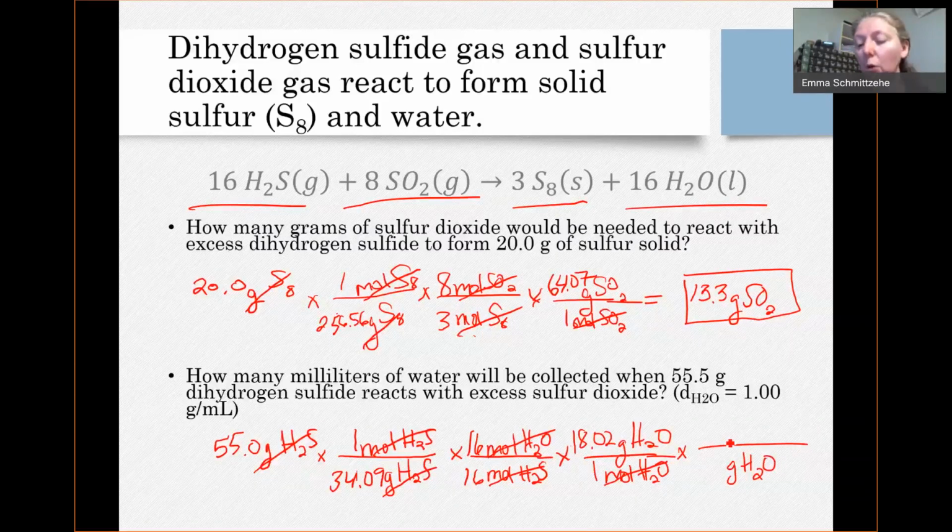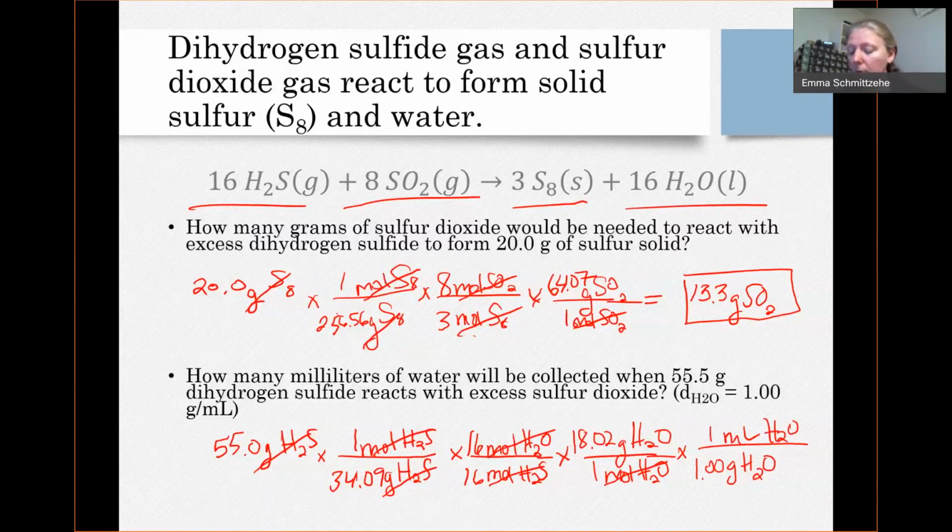And we want to go to milliliters of H2O. We can do that using the density, which is given as 1.00 grams per milliliter. So we would take 55.5 and divide by 34.09. You can multiply by 16 if you want, but you need to divide by 16, so it's going to end up canceling out.